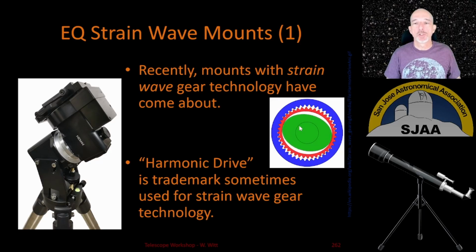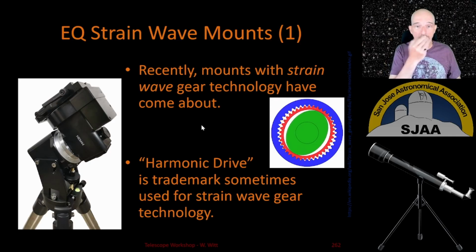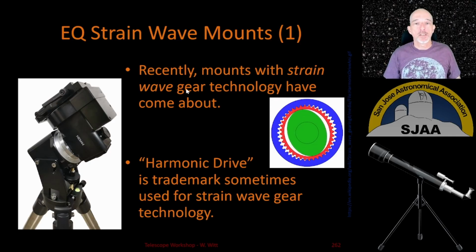We're not going to spend too much time on this. You can read more about this if you like. It's pretty neat. But it's fundamentally this kind of unusual looking gearing mechanism that gives us the benefits we'll talk about on the next slide. Note that the strain wave mount technology is also sometimes called harmonic drive technology. This is more of a trademark, but you may see that as you explore options online.